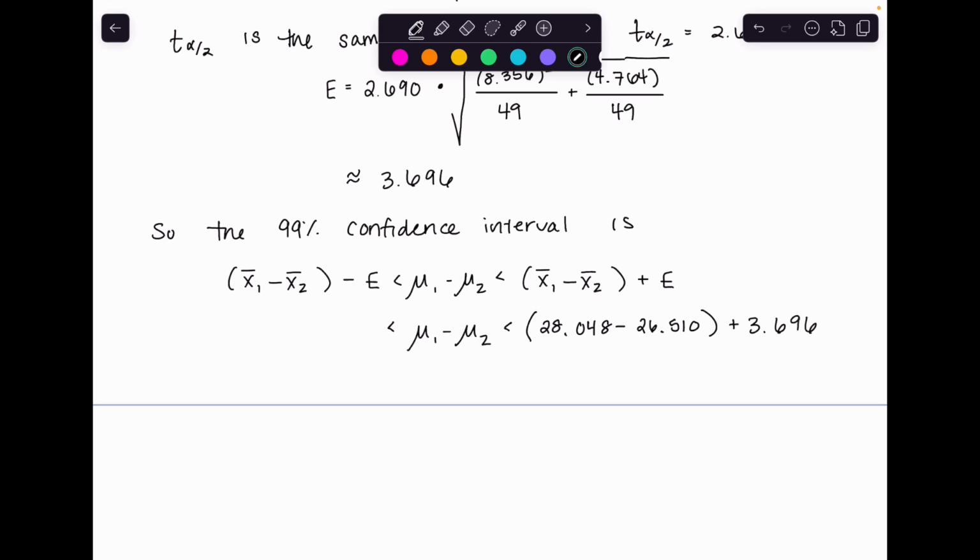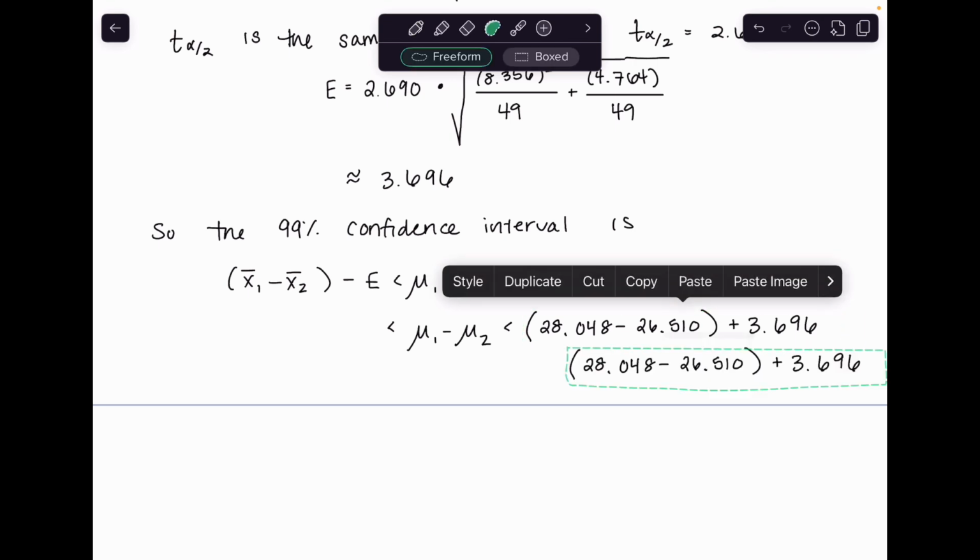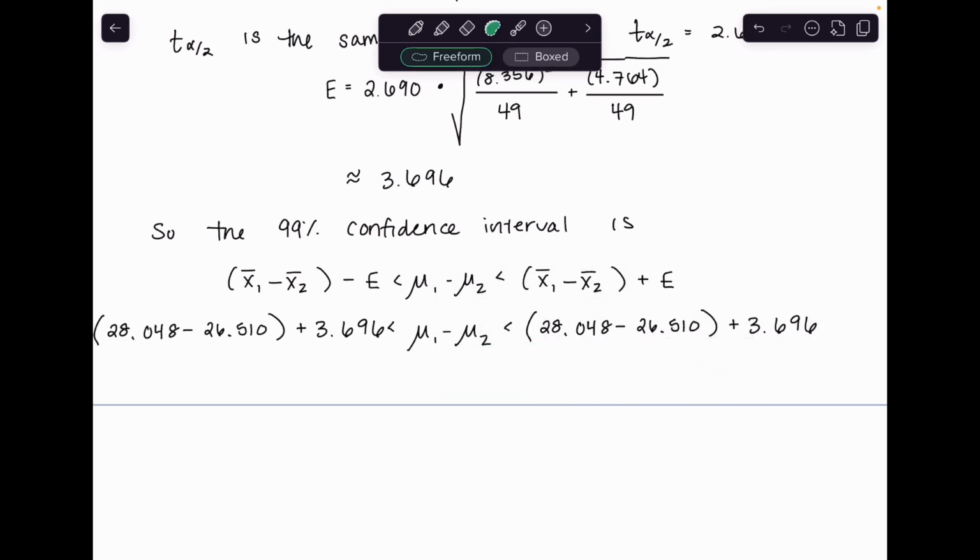Then doing the same thing over here, with the same numbers but minus, and it barely fits on one line. If you plug those into your calculator, this should give you 5.234 on the upper bound and negative 2.158.